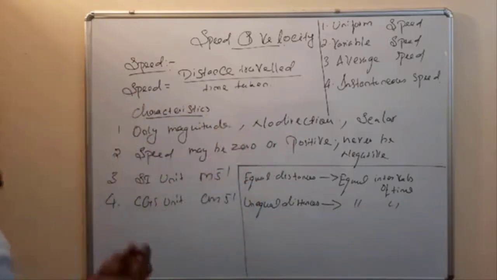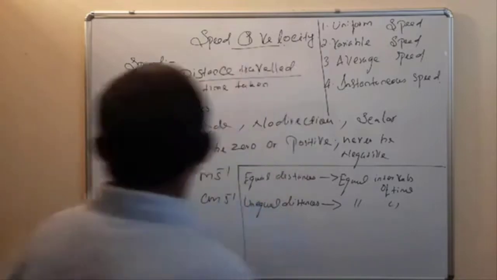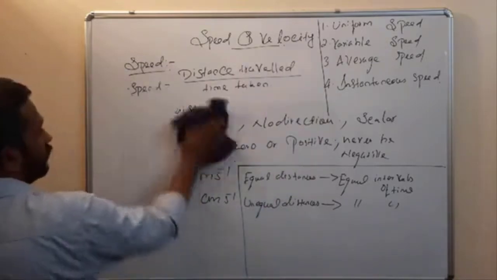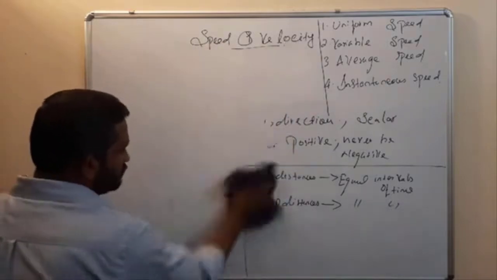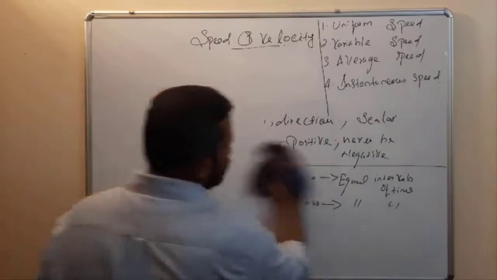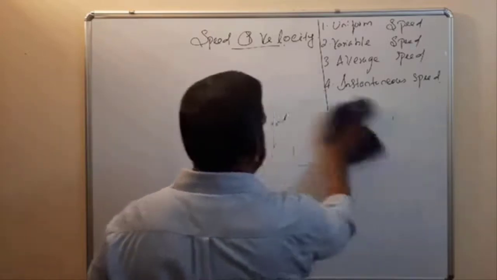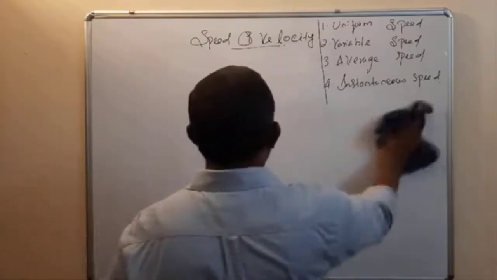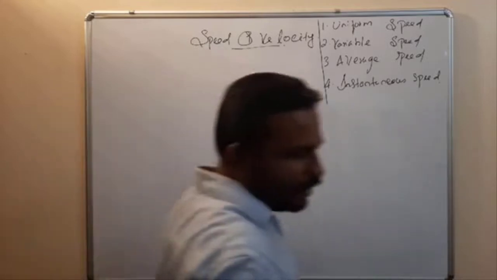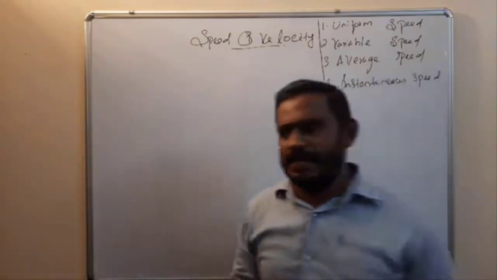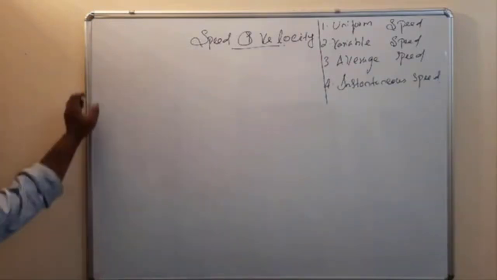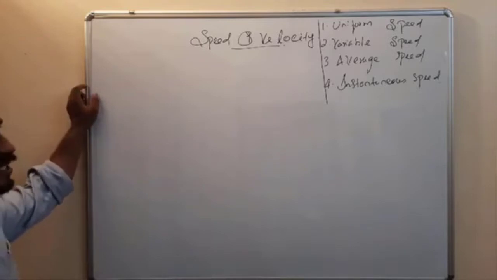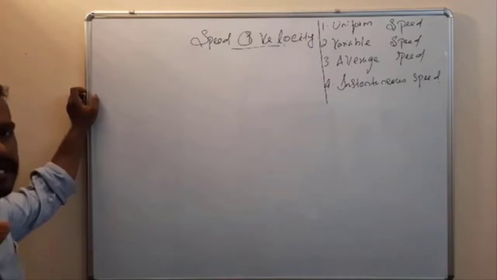So the next is average speed. What is average speed? The body undergoing variable speed, in a particular time interval, the average speed is defined as the ratio of the total distance traveled by total time taken.